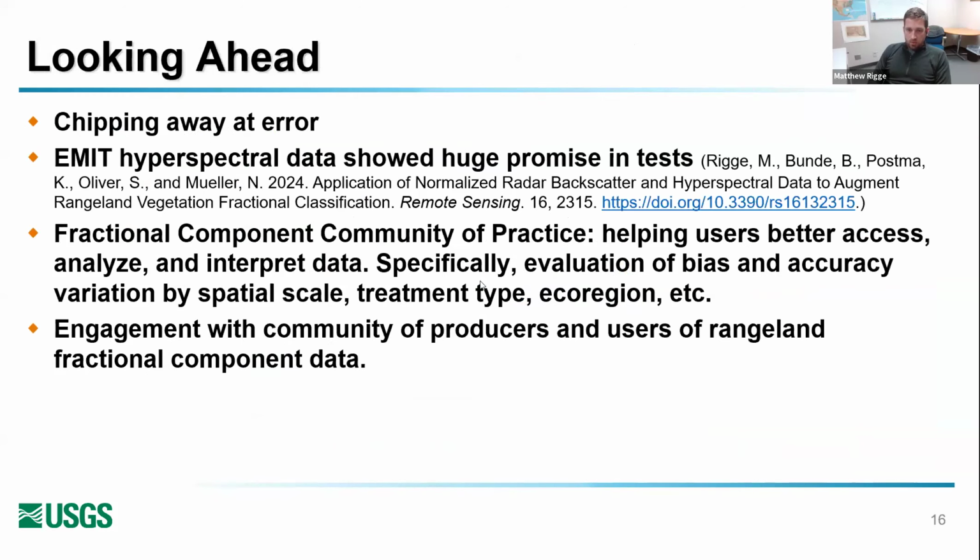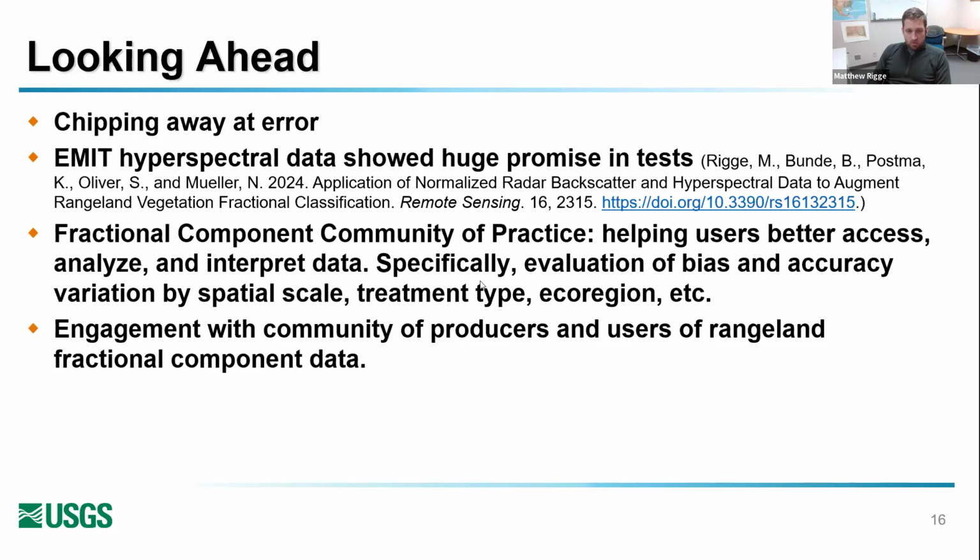Looking ahead, we keep on chipping away at error. I mentioned that 15% reduction in independent error relative to our previous iteration. We're doing some work with evaluating hyperspectral data to further improve error. We've got a paper out last year on that.